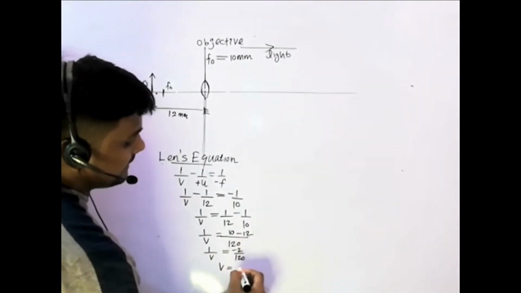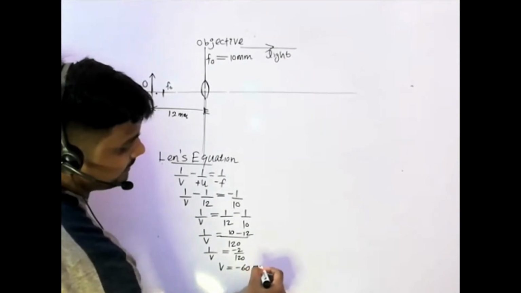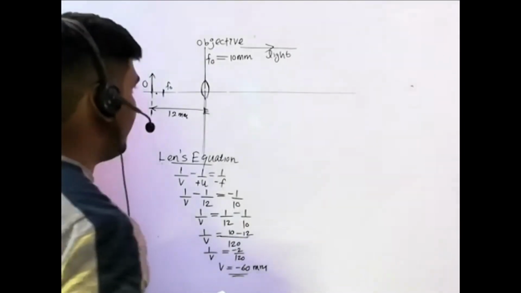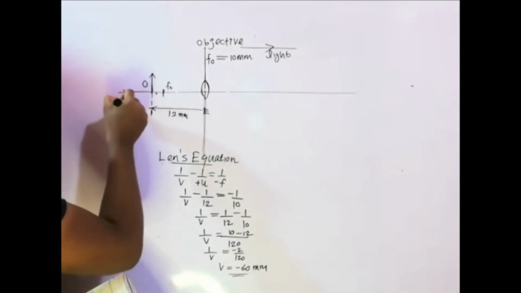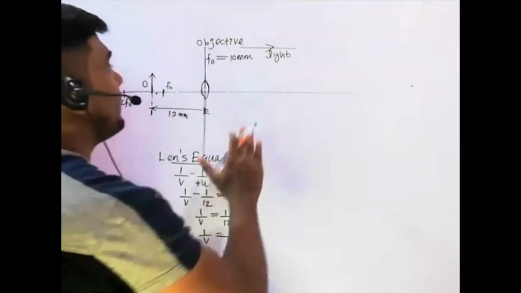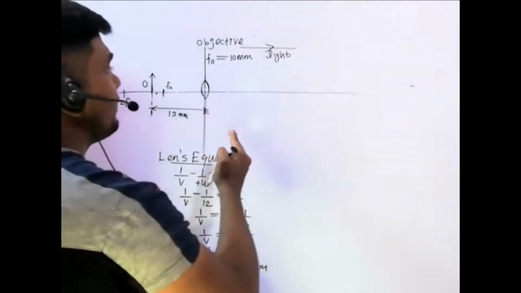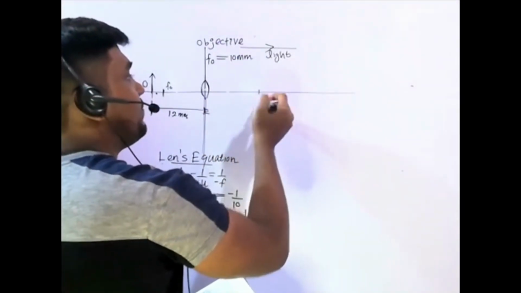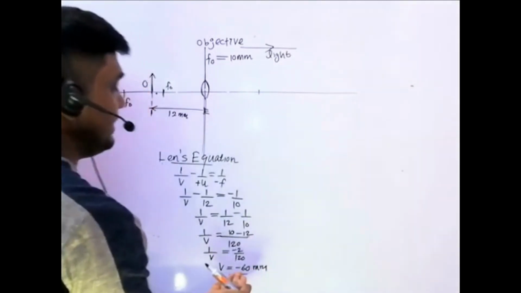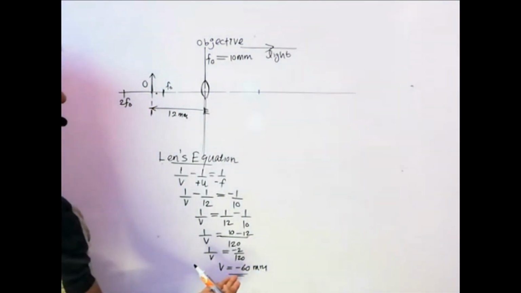That means my image distance is equal to minus 60 millimeter. See, it's true. Because what I have argued is that when your object is between FO and 2FO, definitely your image should be beyond 2FO. FO is 10 millimeter, so 2FO is 20 millimeter. Therefore, your image should be beyond 20 millimeter. Yeah, image distance is 60 millimeters. It's true.